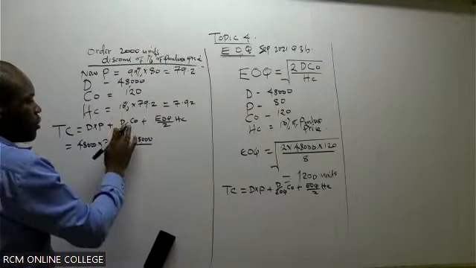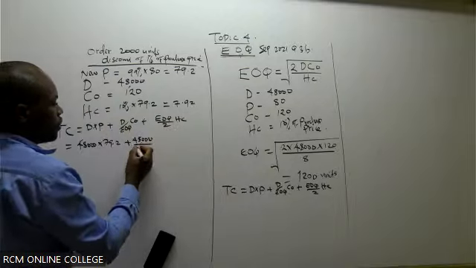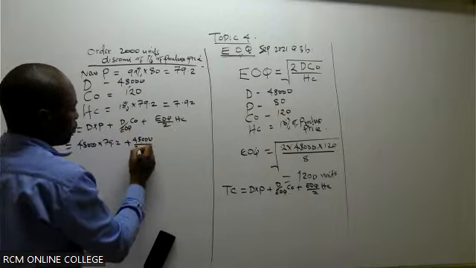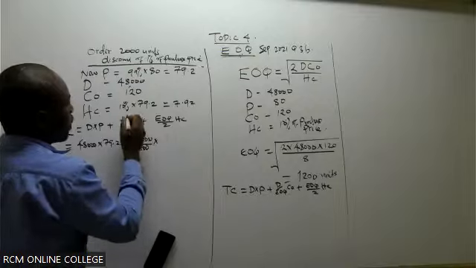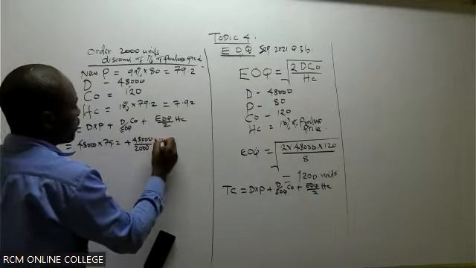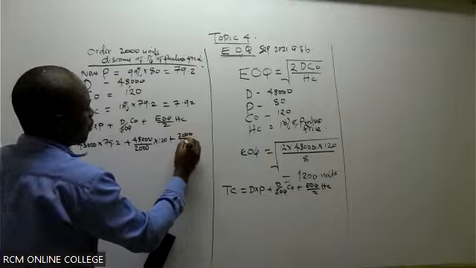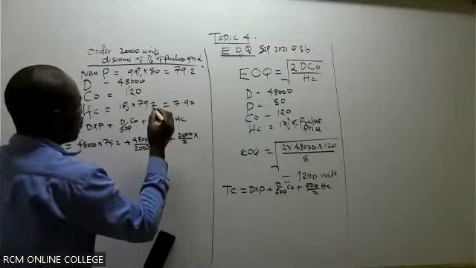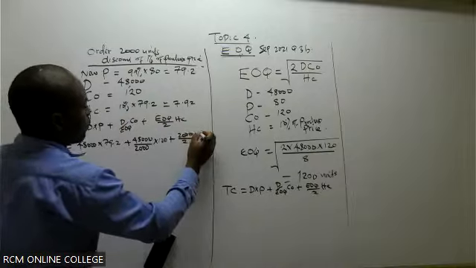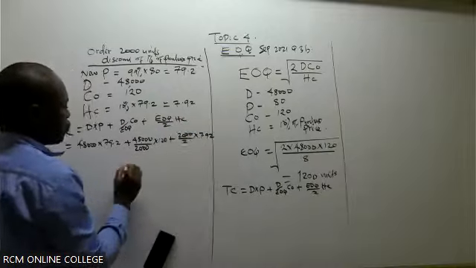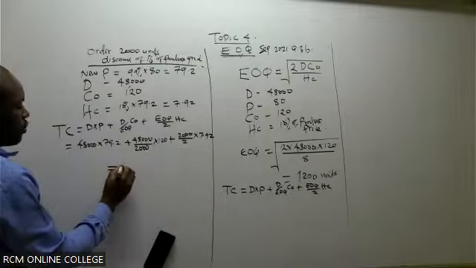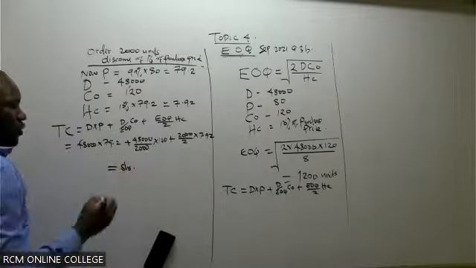So you can either put demand over Q or economic order quantity; that will still work out. Times ordering cost, which is 120, plus 2,000 divided by 2, multiplied by holding cost, which is 7.92. If that is worked out, you should be able to arrive at the total cost.